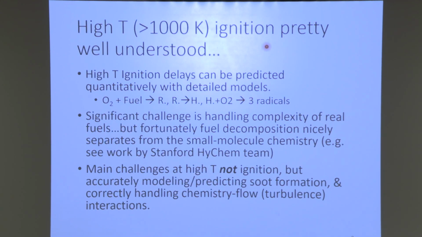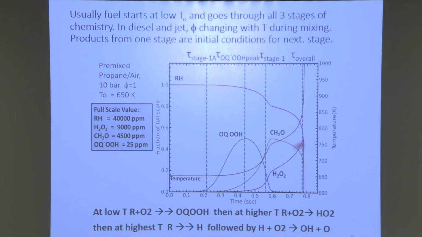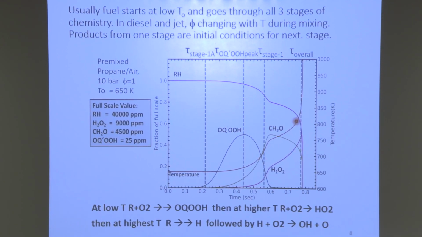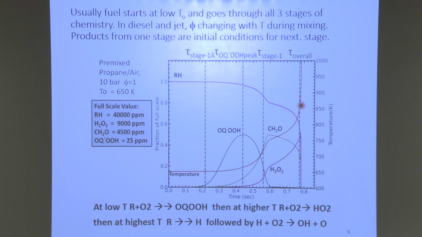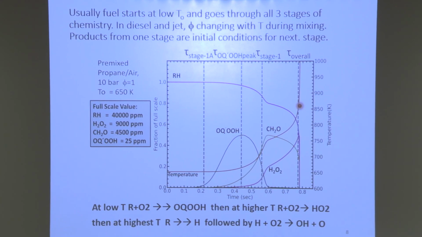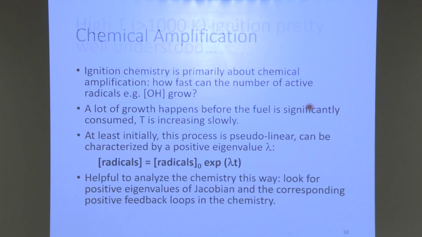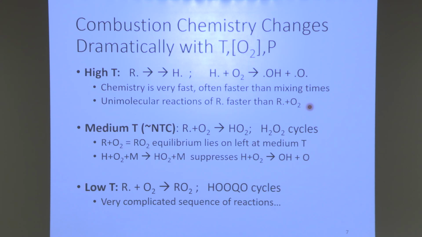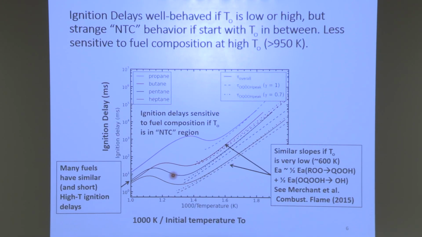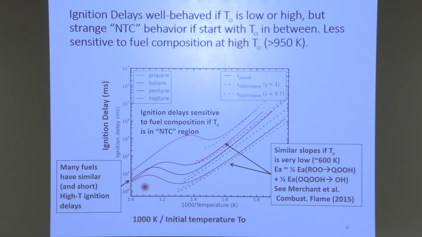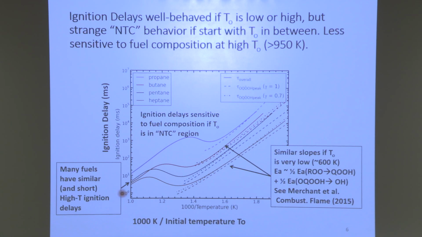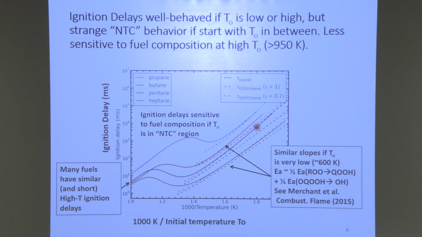And then once you get above the high temperature, then you know what's going on. Up here, the temperature started going up, and once you get high enough, you get into the high temperature regime, and boom, it just goes, because the ignition delays at high temperature are really short. If you remember from before, this is a logarithmic plot, so the time scales down here are really, really short compared to the time scales here.